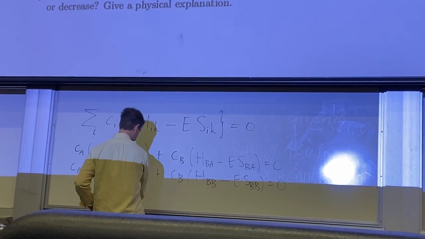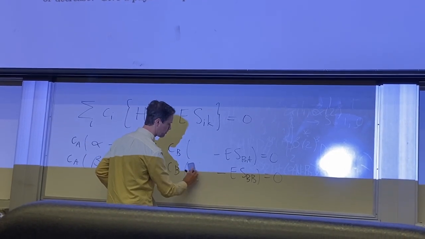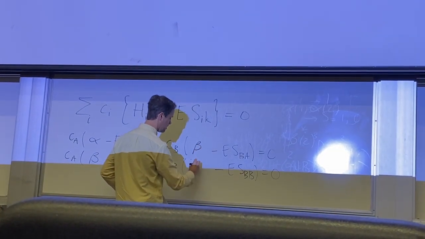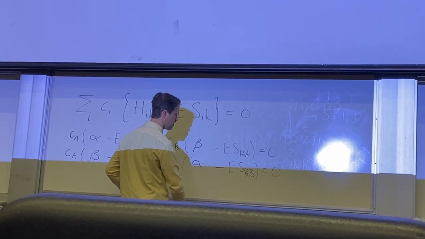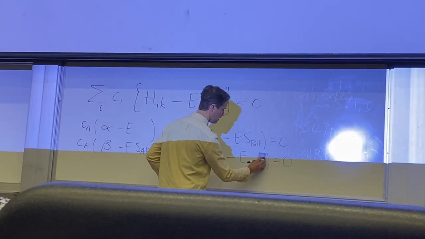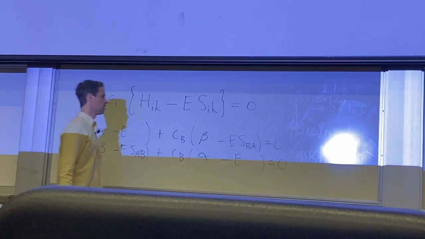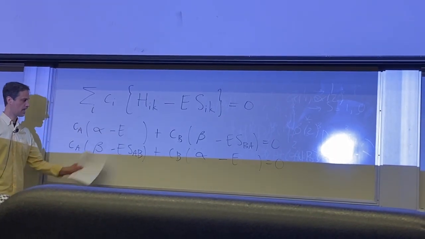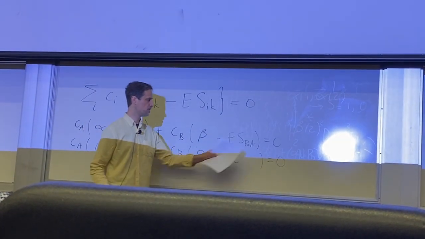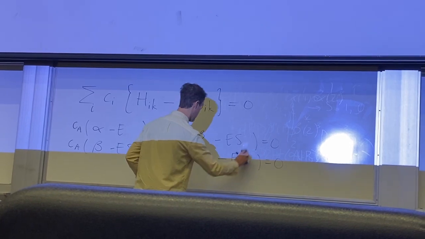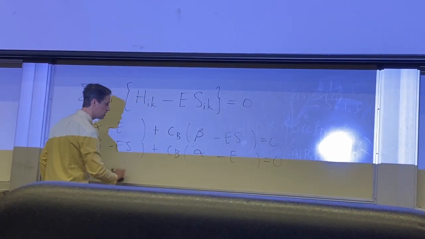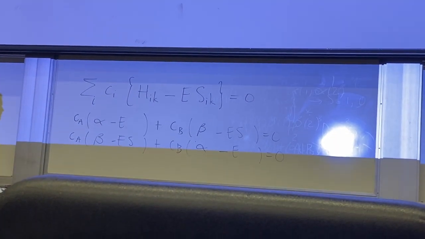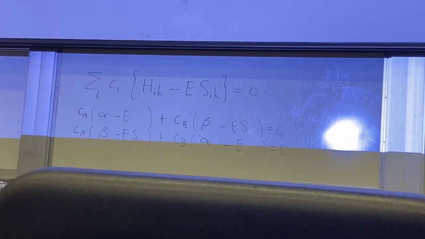And this one is beta again. This one is alpha. Beta, alpha. And this one is 1. And also, of course, S_AB is the same as S_BA, so I can just eliminate that. So these are the equations that I have in terms of alpha, beta, and S.